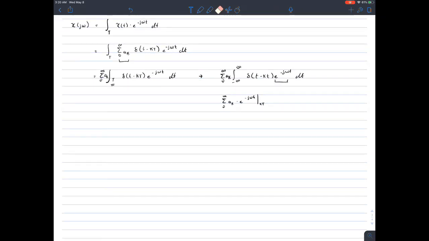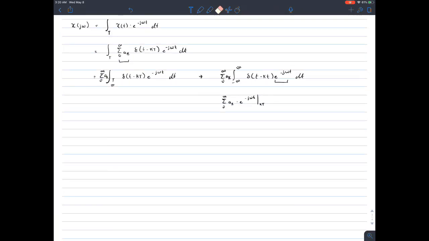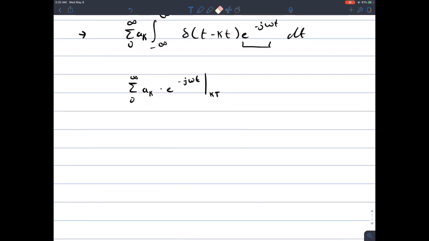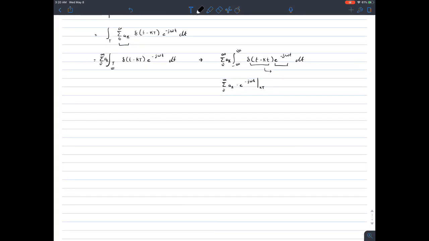Okay? And the reason it is at kT is because the delta function is only valid at a value of kT. Let's draw it out for you. You know the delta function looks like this.